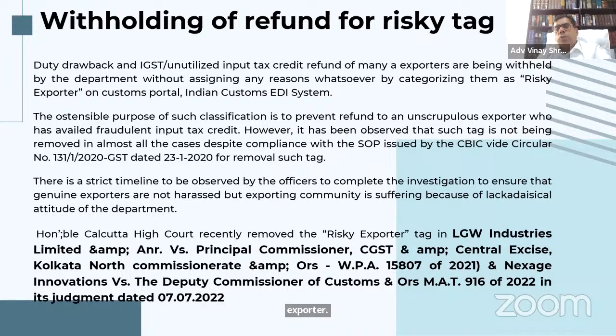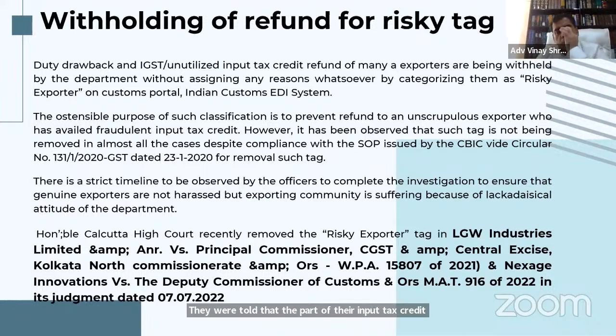Now, this particular issue, I had the benefit of arguing before Calcutta High Court in two such matters, where the risky exporter tagging was done, and the government was doing nothing to remove such tag, despite repeated communication to the department asking why I've been tagged as a risky exporter. In one case, they were told that part of their input tax credit is ineligible.